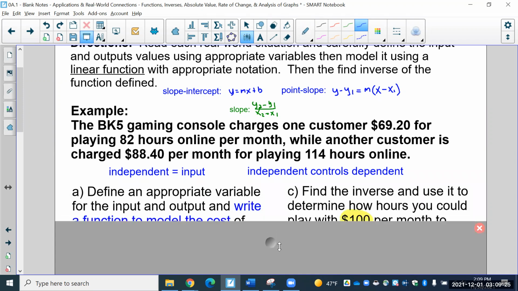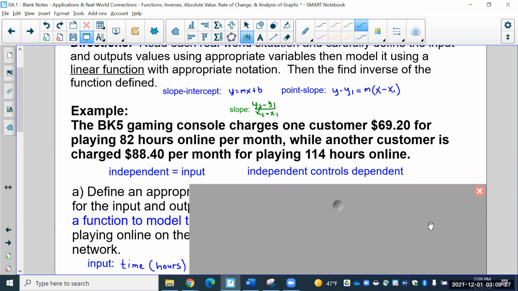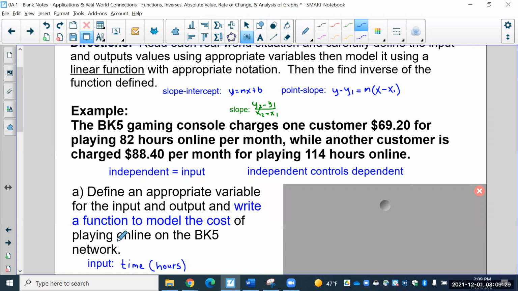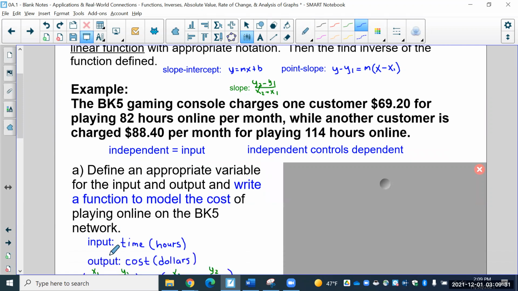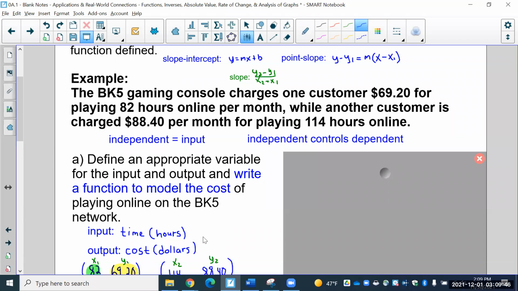So in this particular problem, we're going to want to write out our independent and dependent or input and output values. Input, as we said, is time. I'm inputting this many hours, and it's costing me this many dollars. Once you do that, you can transform the $69.20 and 82 hours into a point.